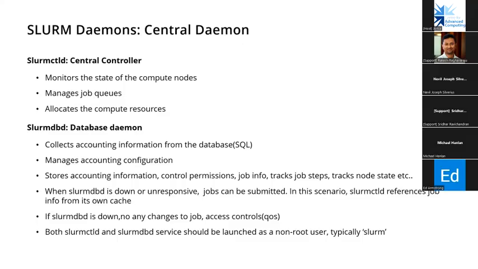One thing that's noted in the manual is that both the control daemon and the DBD daemon shouldn't be launched as the root user; typically you should have a non-root user, which we can call slurm, to launch these processes.